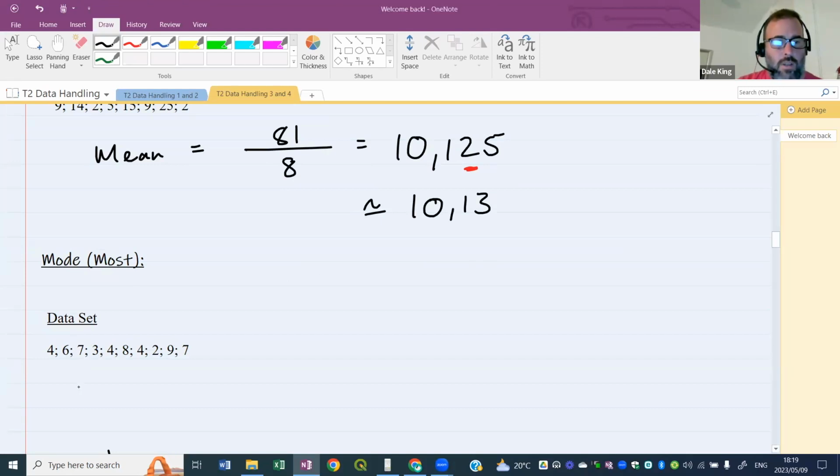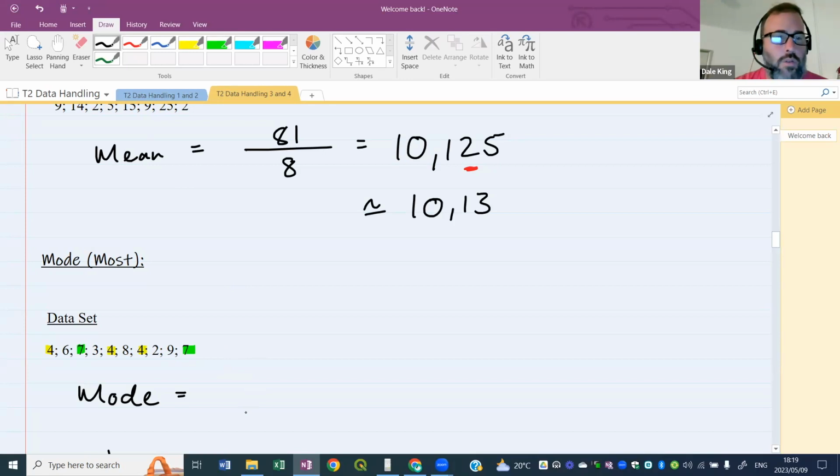All right. So in this data set, yes, you guys can see it. We have a 4 and another 4 and another 4 in this data set. There's 3 4s. We also have a 7 and a 7. Okay. But the 4s occur the most.